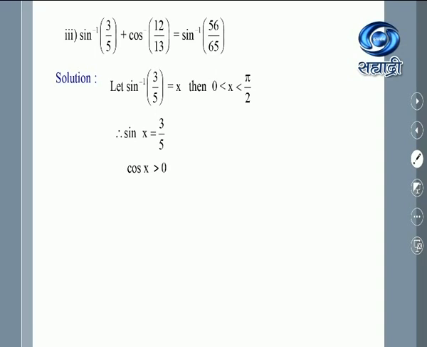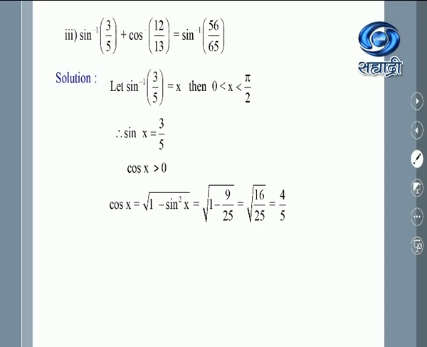See, the quadrant is first, and in the first quadrant all the trigonometric functions are positive, therefore cos x is greater than 0. And we can use cos x as root of 1 minus sin square x. You know the identity, sin square x plus cos square x is equal to 1.